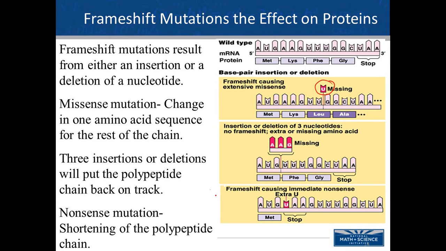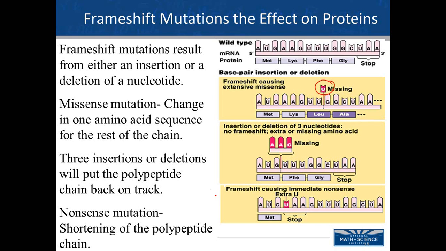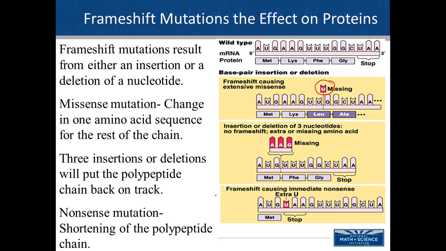Now remember we have mentioned that the typical polypeptide chain is 400 amino acids long, and that genes typically may be 8,000 nucleotides long or so forth. And so if you keep deleting or inserting until you get 3, that's going to put it back on track, if you will. If you have 3 insertions or 3 deletions at the same time, like this one right here, then you're only going to miss 1 amino acid, and that's not going to perhaps be so detrimental.